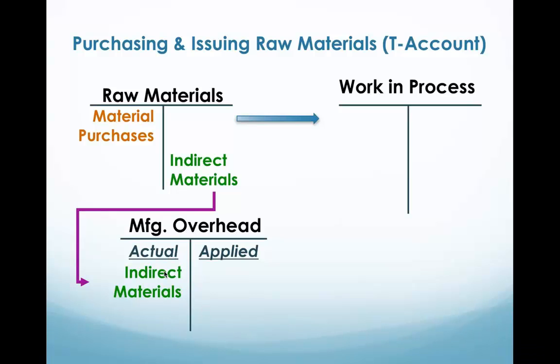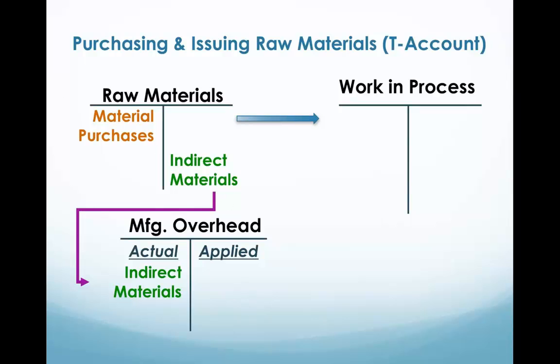I like this as an example because the actual manufacturing overhead, those things that are actually incurred, go on the left-hand side. Those manufacturing overhead items that are applied once the jobs are complete appear on the other side. So that's going to be really important for you to keep straight in your head as you go to figure out what is over-applied versus under-applied manufacturing overhead, and you'll see that.